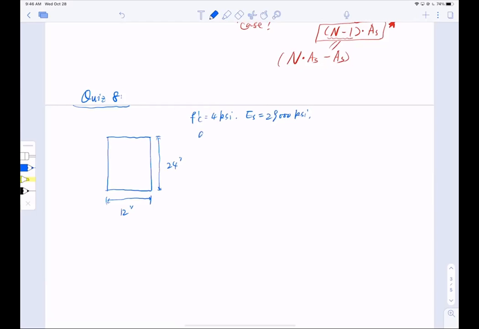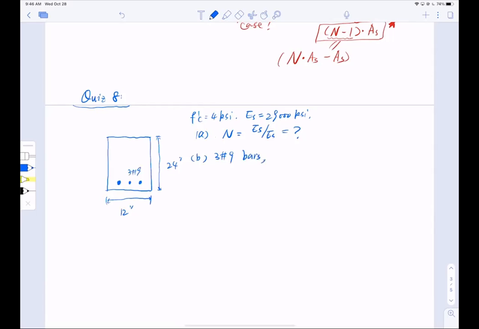First, question A, I want you to find the modulus ratio. Then say I have 3 number 9 bars at the bottom.